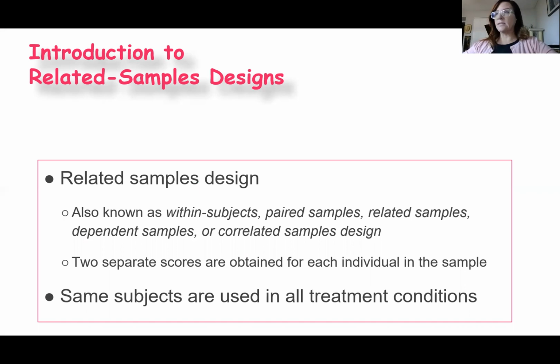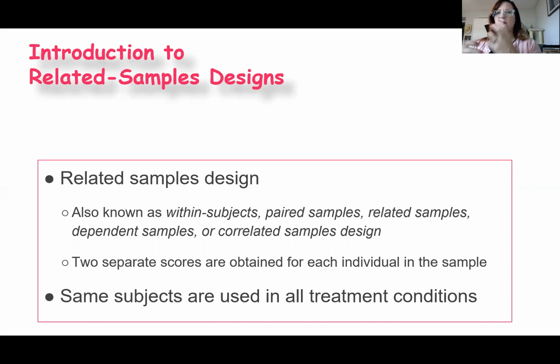It's called a within subjects design, a paired samples design, related samples, dependent samples, correlated samples, or repeated measures or repeated samples. So there's a lot of titles used for the related samples design, but in general, a common one is the related samples.